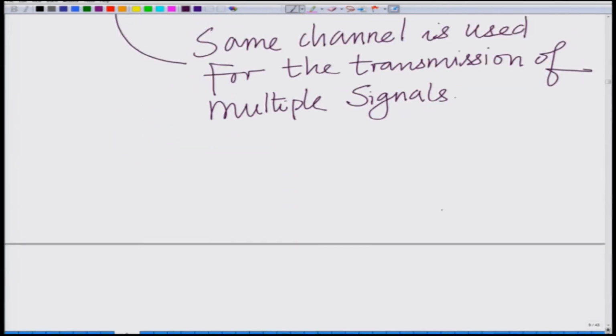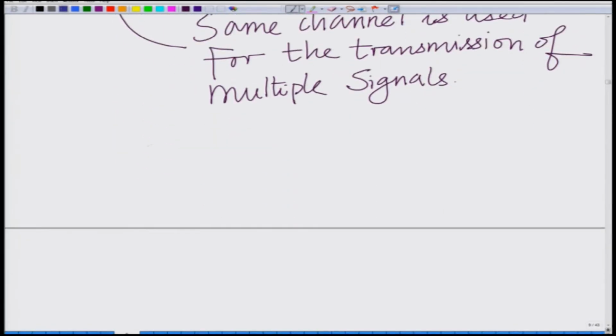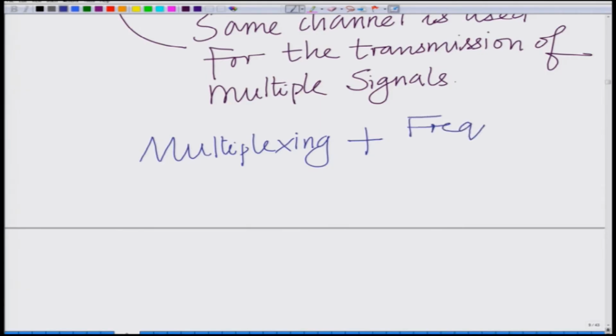Okay. And now, multiplexing is done in the frequency domain. So, there are various ways to do multiplexing.